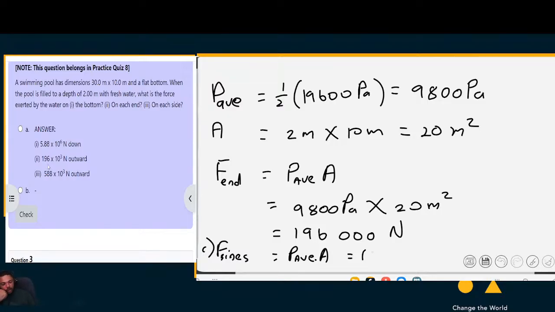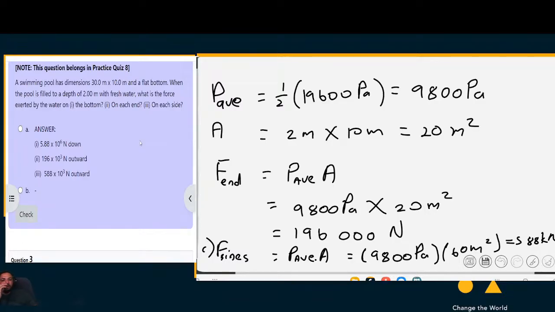So the average pressure is 9,800 pascals times 60 square meters. You get a force of 588,000 newtons. So 588 kilonewtons.